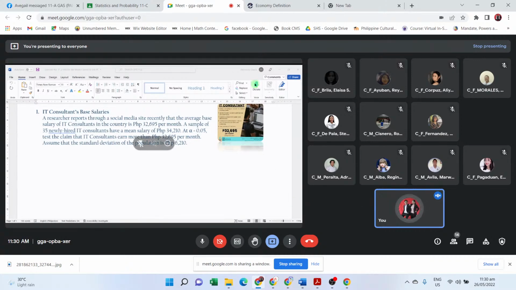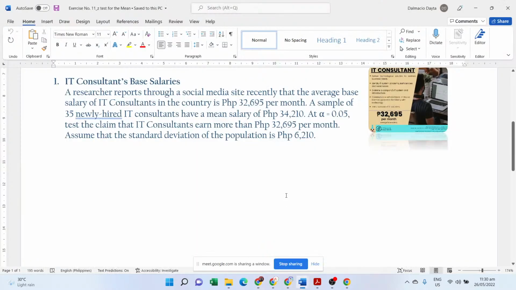Yun ang kailangan ninyong gawin. Wala tayong ibang pwedeng gawin kung hindi kumpletuhin yung lesson. Sagutan yung exercises. Yan yung nire-require sa inyo sa curriculum for senior high school, statistics and probability. Okay? So much with that. Naka-spend na ako ng 10 minutes.